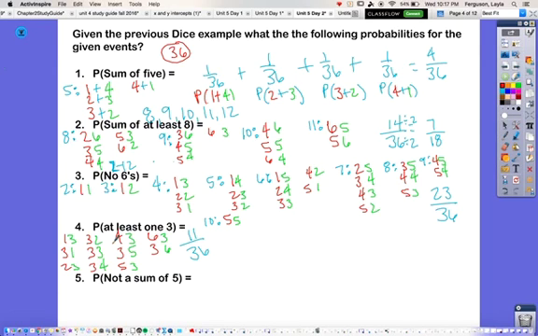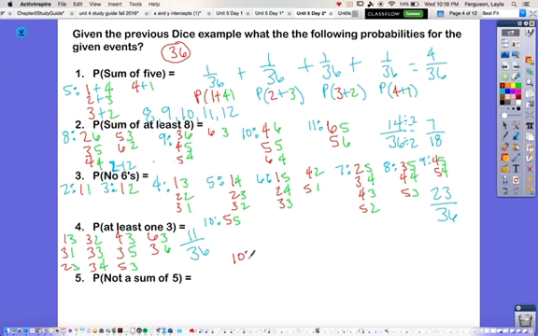Not a sum of 5. So that one's good. Everything but a 5. So 1, 2, 3, 4, 5, 6, 7, 8, 9, 10, 11, 12, 13, 14, 15, 16, 17, 18, 19, 20.